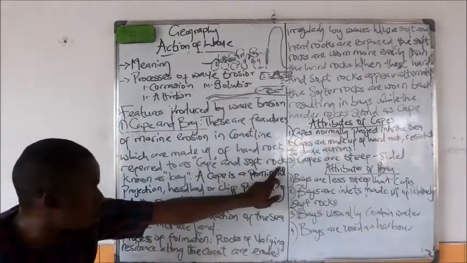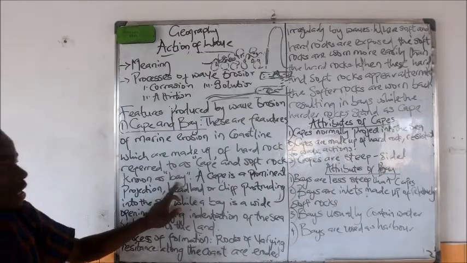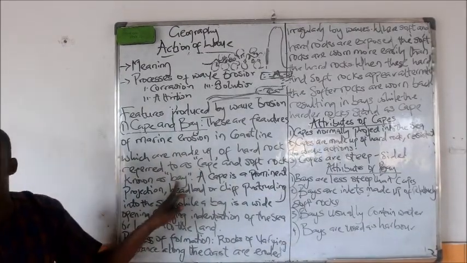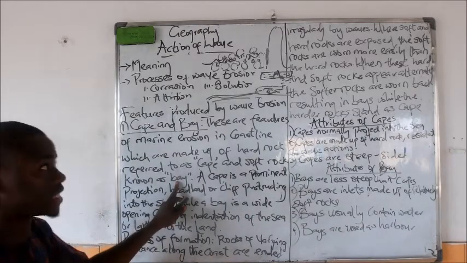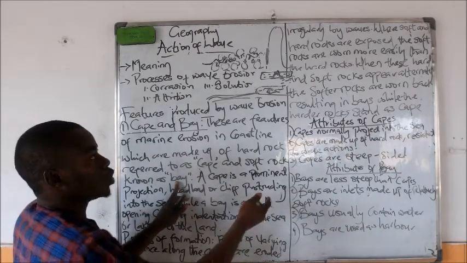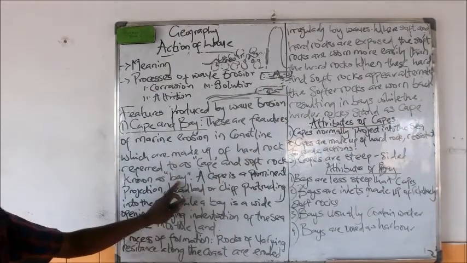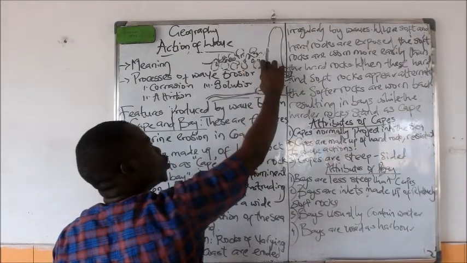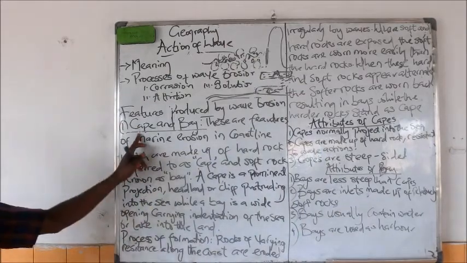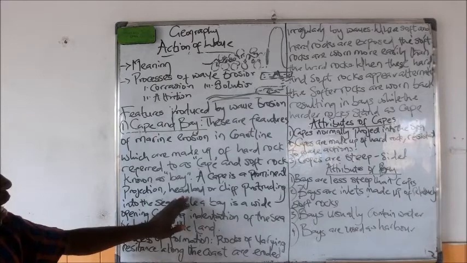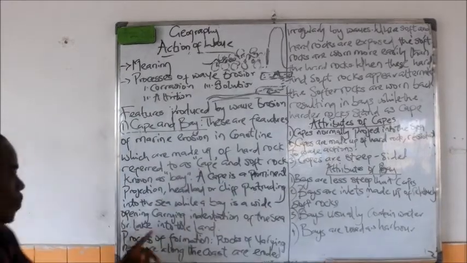And soft rock is known as bay. It's this soft rock that will eventually produce what we call bay, because it has less resistance to erosion. So this one will tend to produce what we call bay, while this one will tend to produce what we call cave. A cave is a prominent projection, headland, or cliff protruding into the sea.